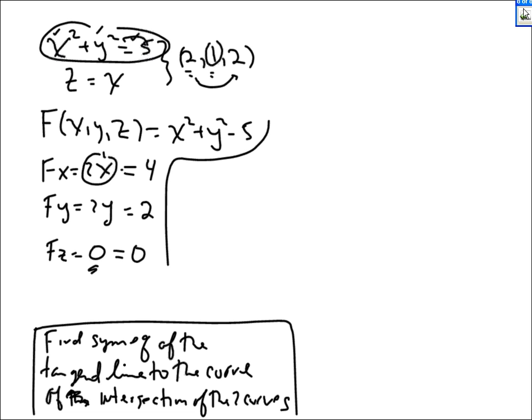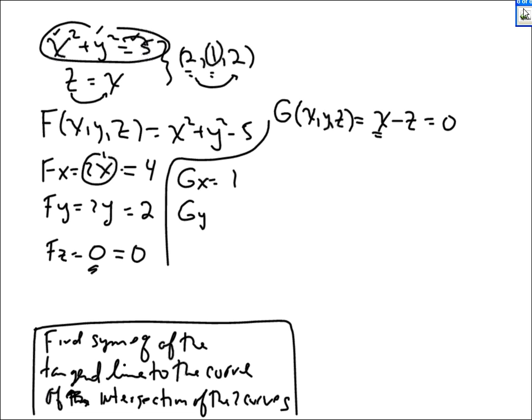Okay. Now, we do the same for the other equation. G of x, y, z: bring the z to the other side, get it equal to 0. X minus z is 0. Well then, g sub x is 1. G sub y, that's 0. And g sub z is negative 1.